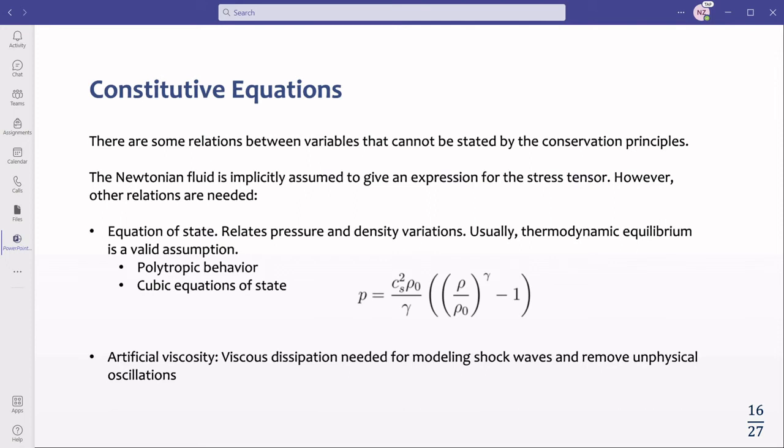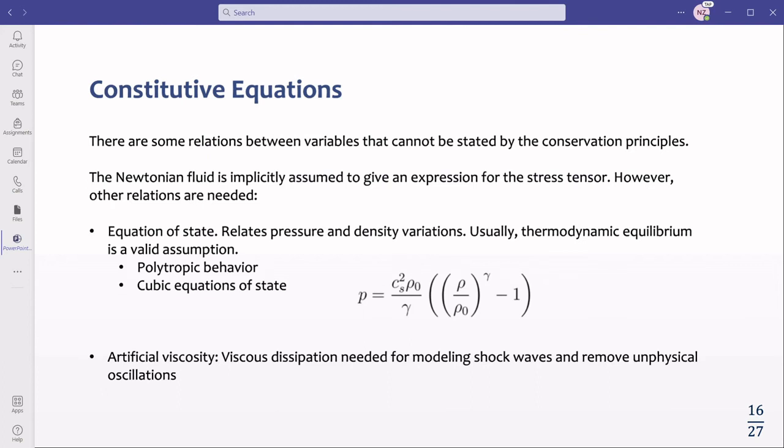So maybe SPH is not offering any advantage over other Eulerian methods, and maybe we have more uncertainty in those applications, and that is why that area of application has not been developed, and why we don't find many cubic equations of state being applied in SPH. We need to investigate this further, but in our reviews, this is what we could infer from the type of papers that are out there.